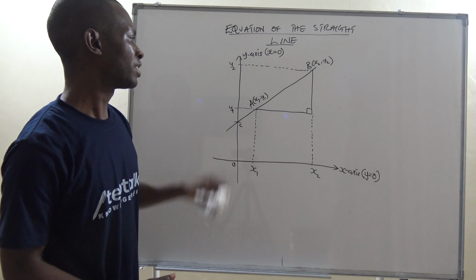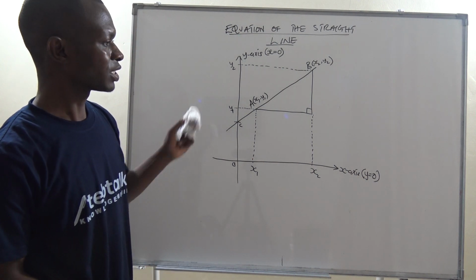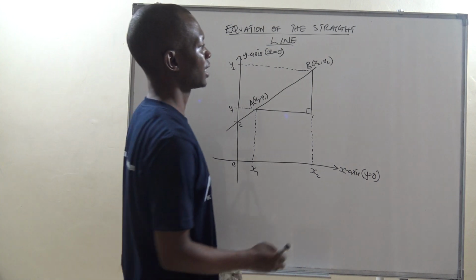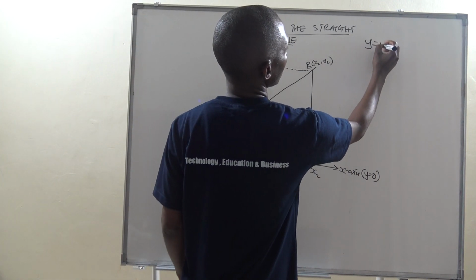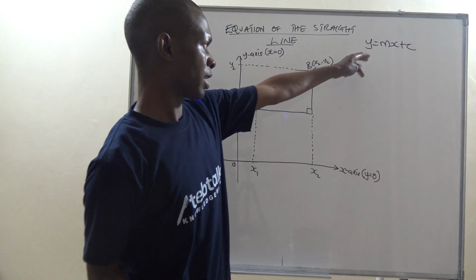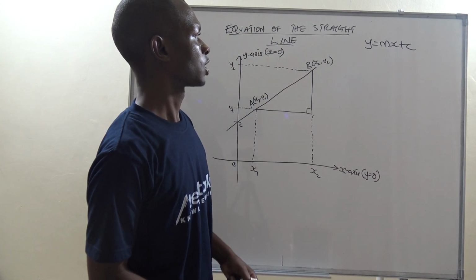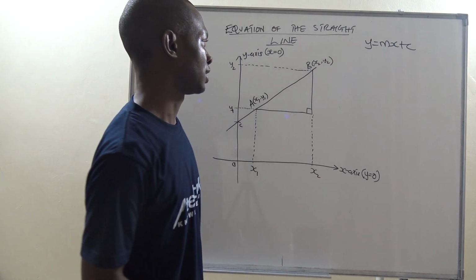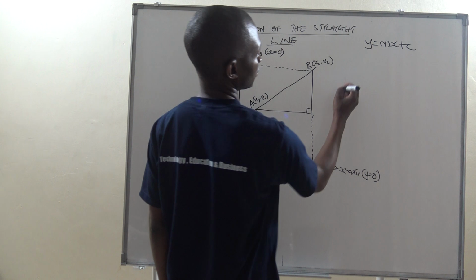Why am I deriving this? I want to derive the other equation for the gradient, because we said that the general equation is y equals mx plus c, where x and y are coordinates, c is the intercept, and m is the gradient. How do we get the gradient?